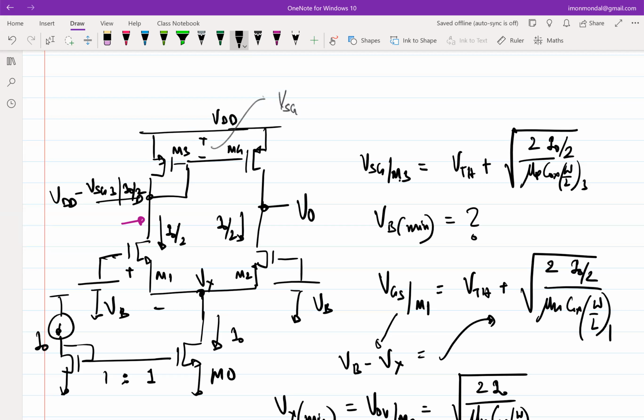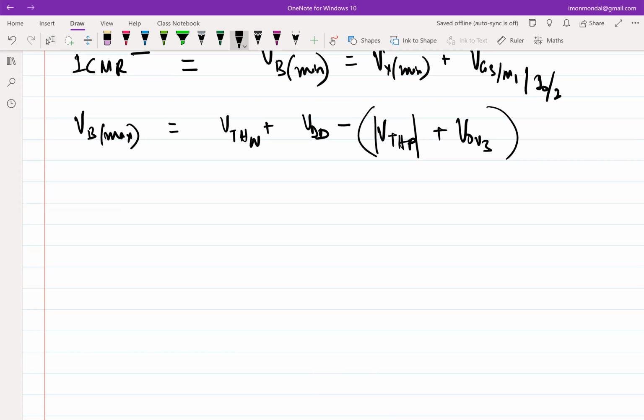So before we find out the quiescent V naught, we need to understand how this differential amplifier has been wrapped around in a negative feedback loop. That will set V naught. So for example, going back to our negative feedback system, let's say this is our differential amplifier with terminals plus and minus, and this is the output.